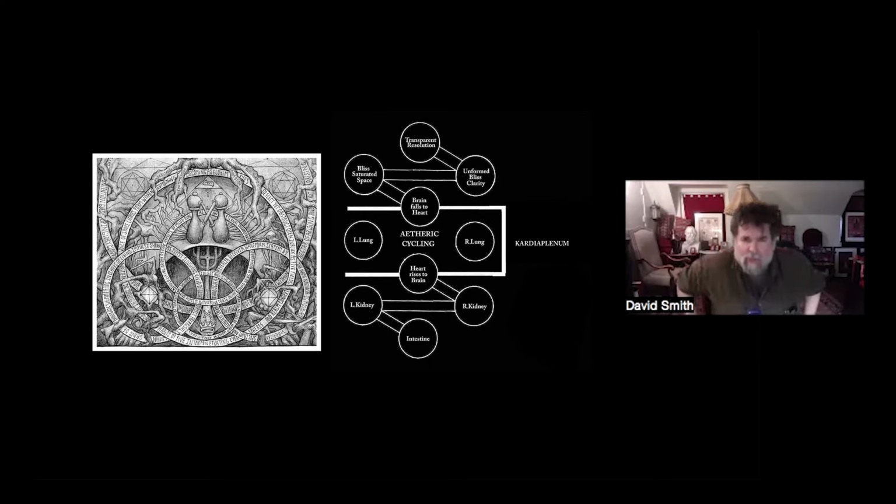And I refer to it here in this diagram as an etheric cycling, which is very similar in our practice to the rotation that the electron chariot undergoes as it rotates around the central aleph of the heart, drawing increasing levels of depth and brightness and clarity.